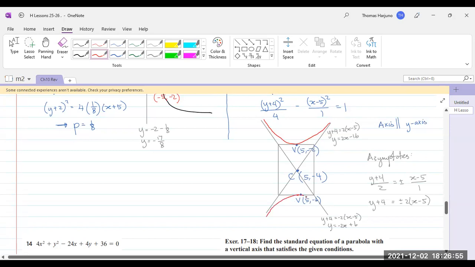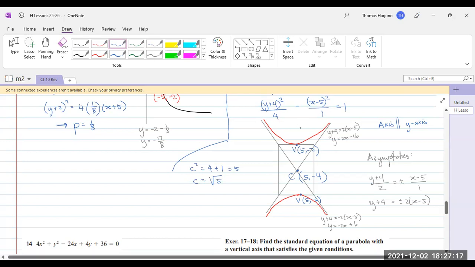Oh, we still need to find the foci then. To find the focus, c squared equals 4 plus 1, which is 5. So c is radical 5, slightly more than 2, right?